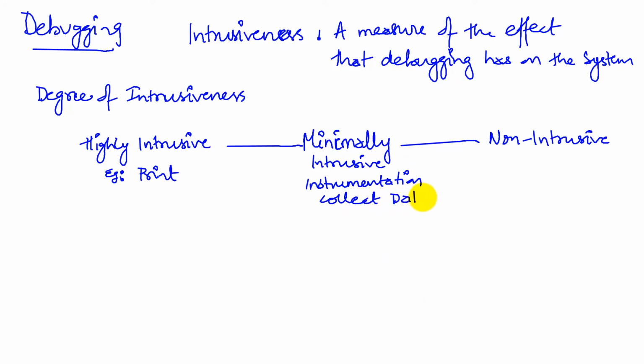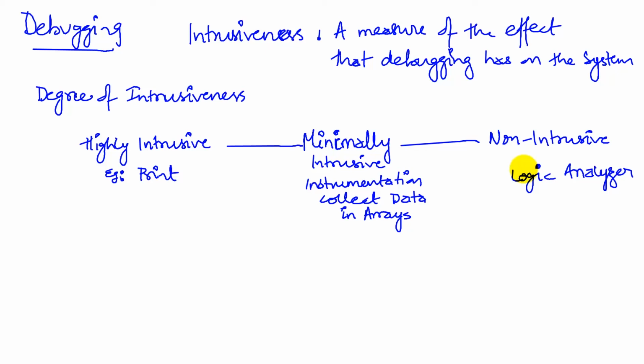We collect data in arrays. The collection itself takes some time, but it's minimally intrusive. The other end of the spectrum is non-intrusive. This could be a logic analyzer, which is a passive observer that does not disrupt the function of the system.